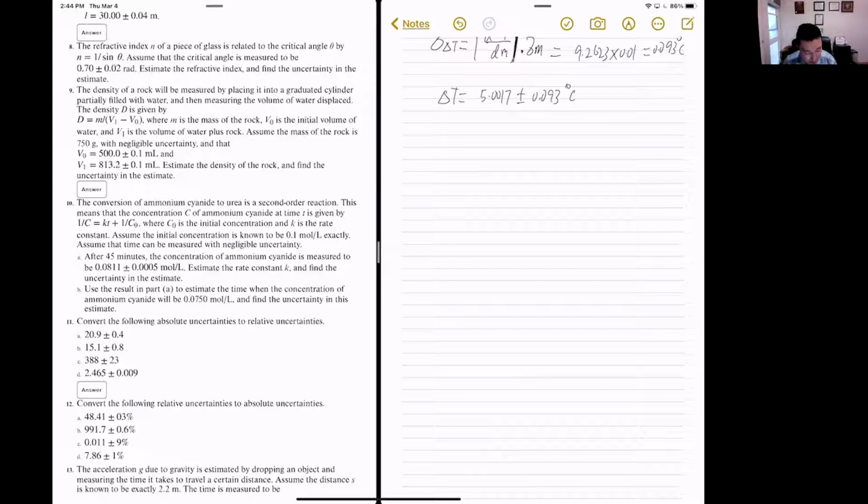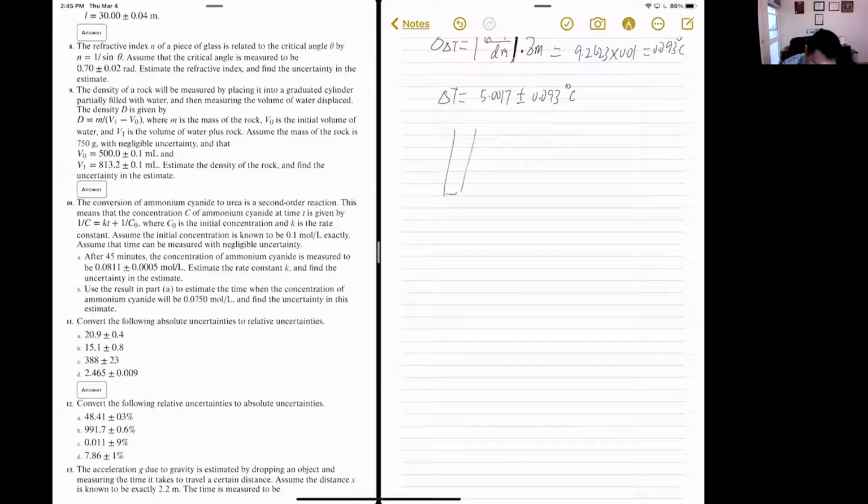Anyhow, we measure the volume of water displaced. So the density D is given by this equation: D equals M, the mass of the rock, over V1 minus V0. V0 is the initial volume of the water, and V1 is the volume of the water plus rock.